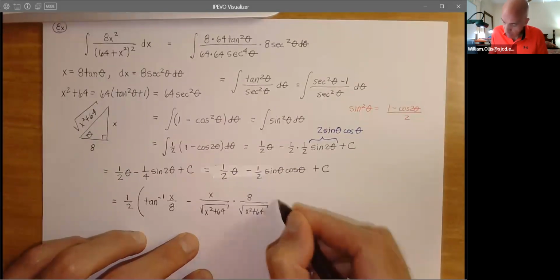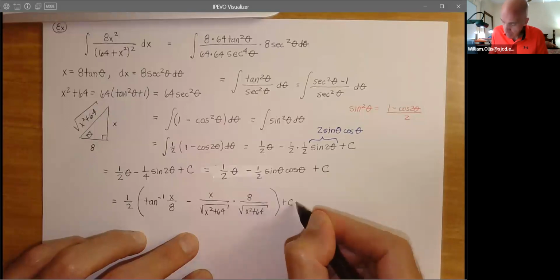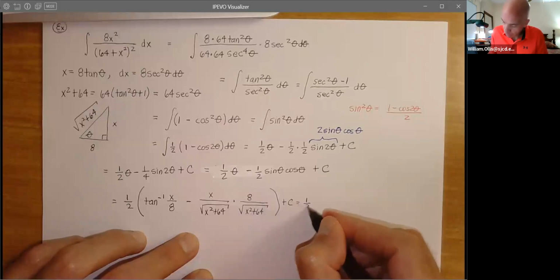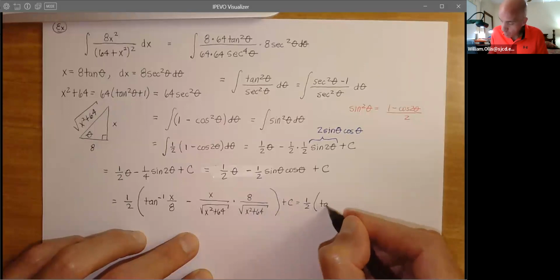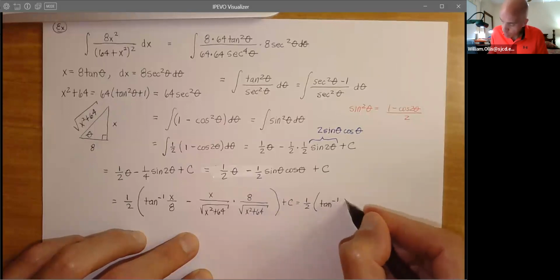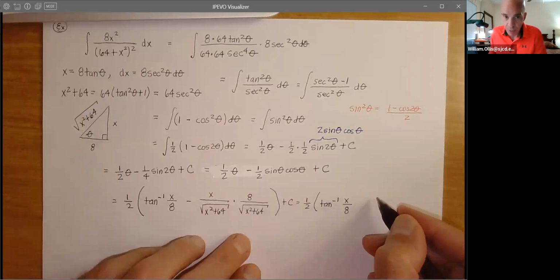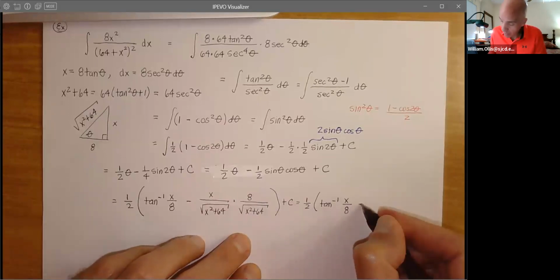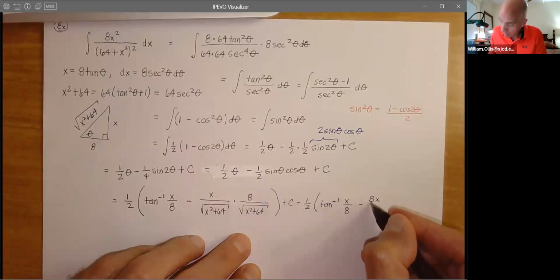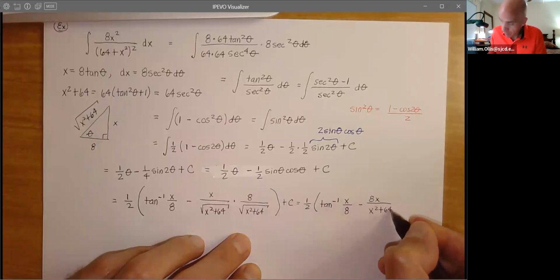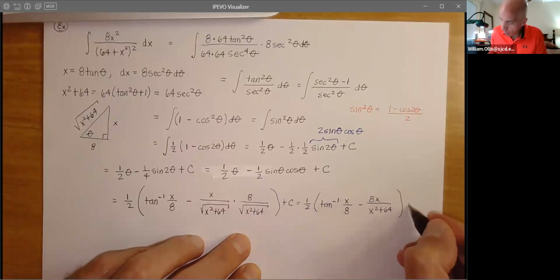And these are well defined, plus a c. So this will give us 1/2 inverse tangent x over 8. Then the radical is just giving us the x squared plus 64. So we get minus 8x over x squared plus 64. And then our arbitrary constant.